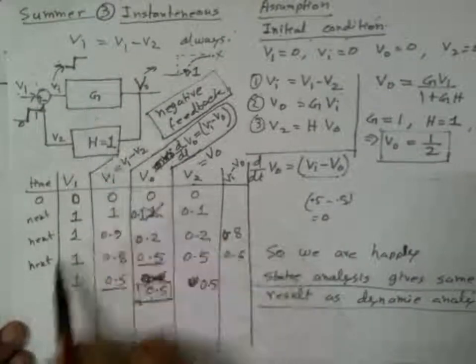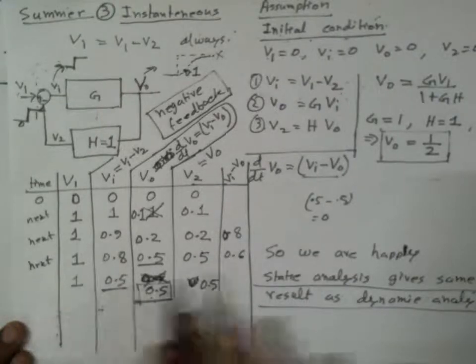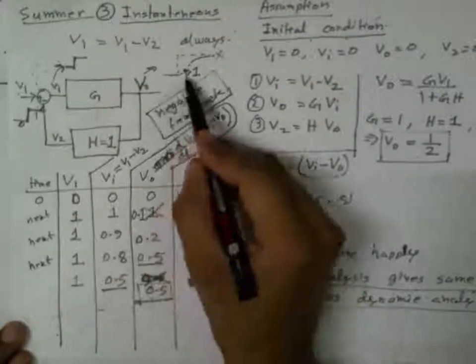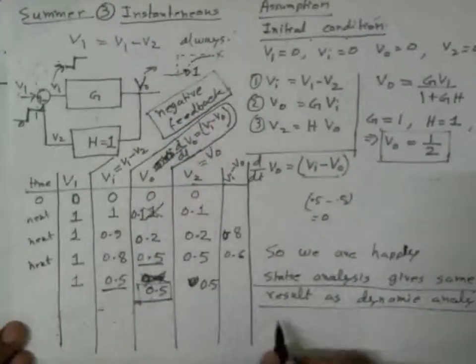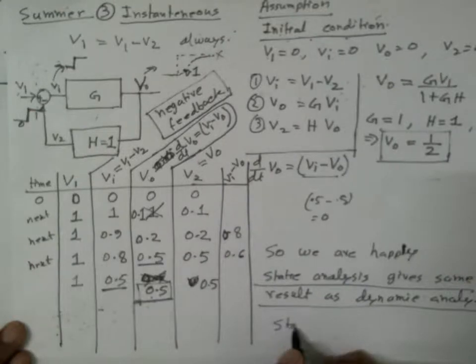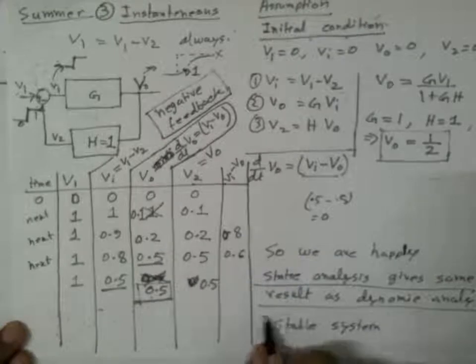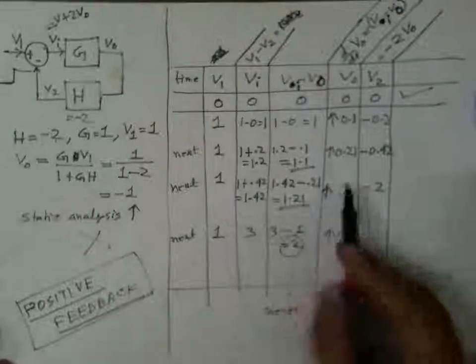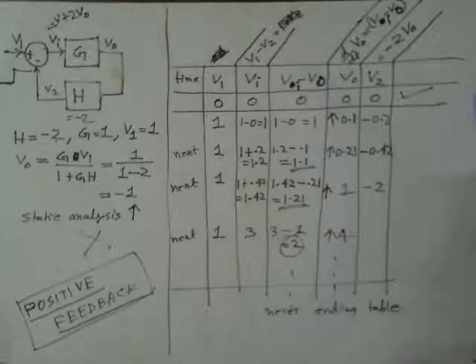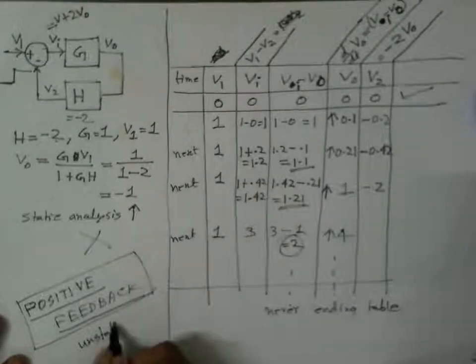The system eventually landed up to this value of 0.5 and got stabilized. So this situation we called a stable system, which was due to this negative feedback. And now this is an unstable situation. See, the output is increasing continuously, stopping never. And this is an unstable system.